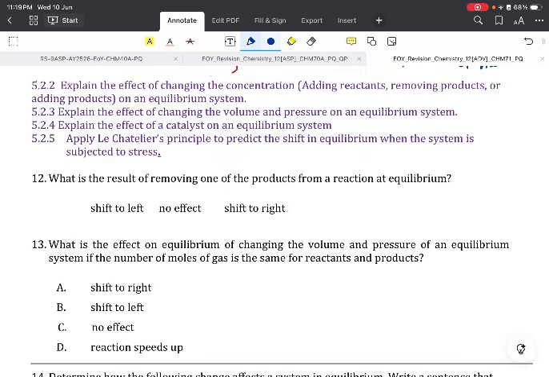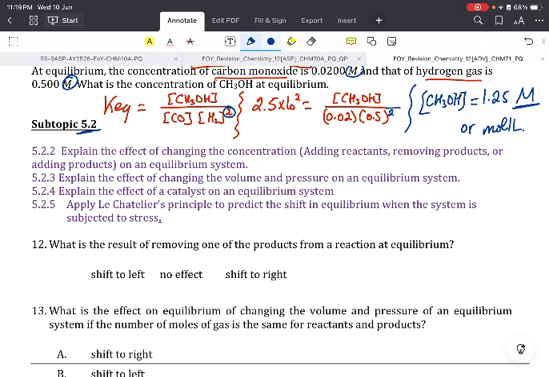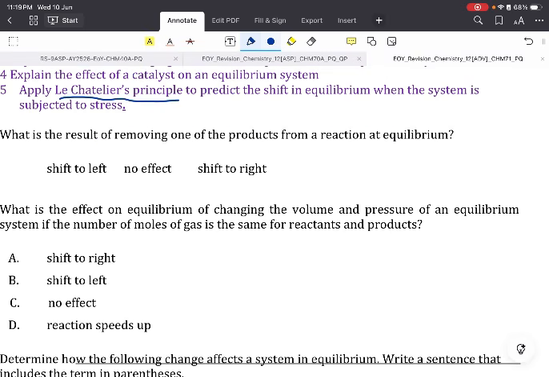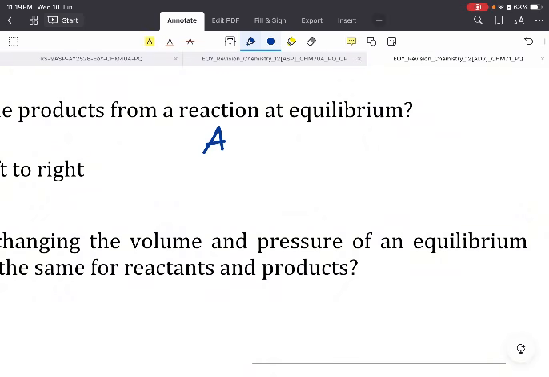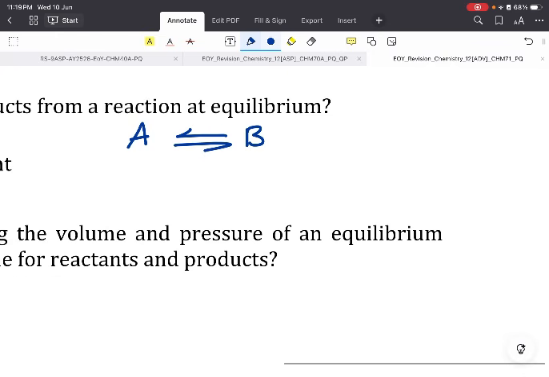What is now? Moving on to topic 5.2, the Le Chatelier's principle. What is the result of removing one of the products from a reaction at equilibrium? Now I'm just gonna write a system at equilibrium and I'm gonna give you this technique.